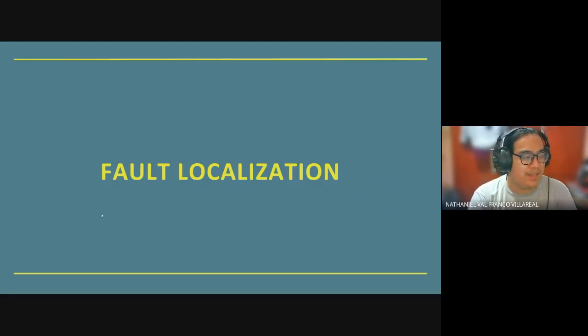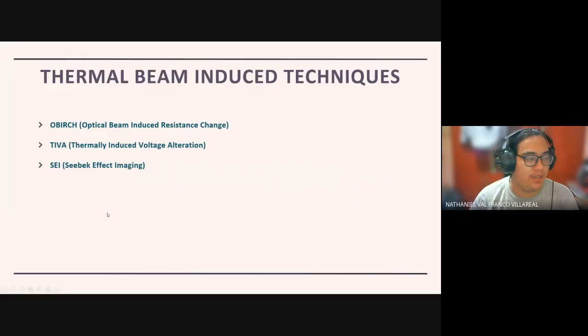So the next part is fault localization. After knowing that you have a faulty chip, the next step is localizing where the faults are. The next techniques are thermal beam induced techniques, which can be divided into three parts: OBIRCH, TIVA, and SEI. OBIRCH stands for optical beam induced resistance change, TIVA stands for thermally induced voltage alteration, and SEI for Seebeck effect imaging.